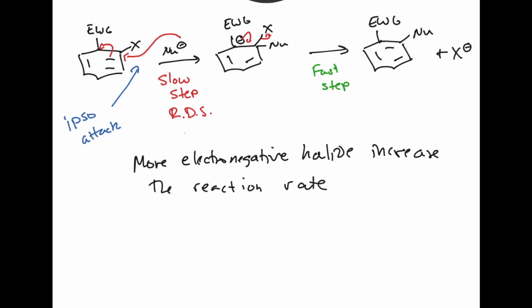All right, so this is 100% exactly opposite what we had for an SN2 reaction. So our fastest halide for these is fluoride, then chlorine, then bromine, then iodide.